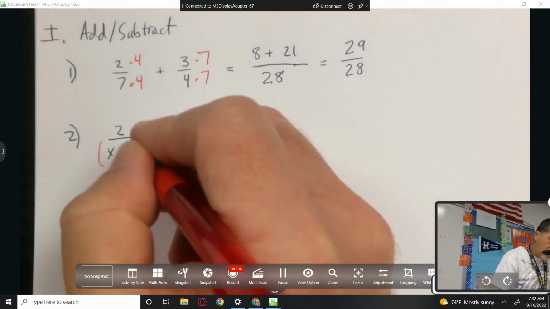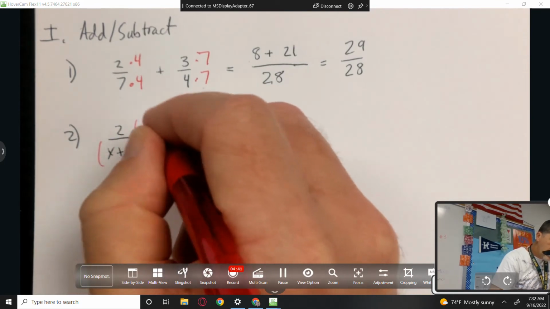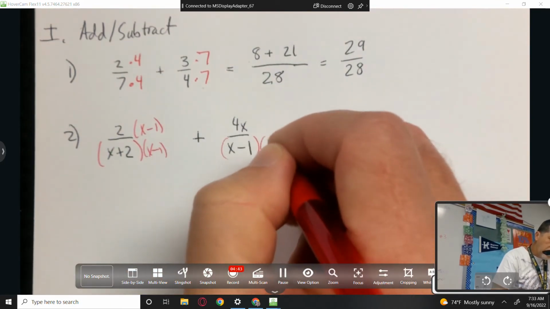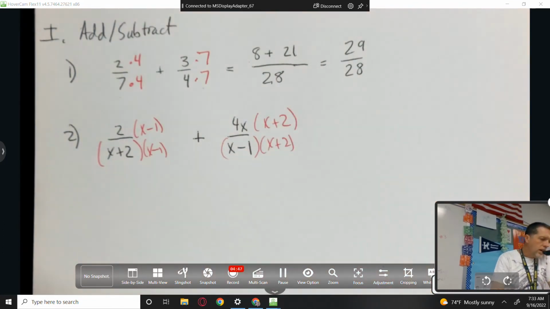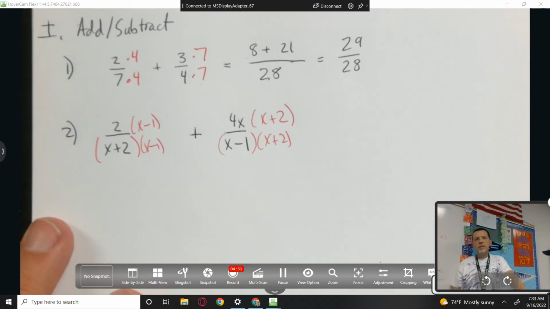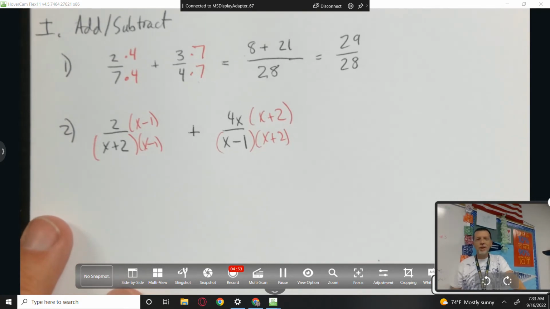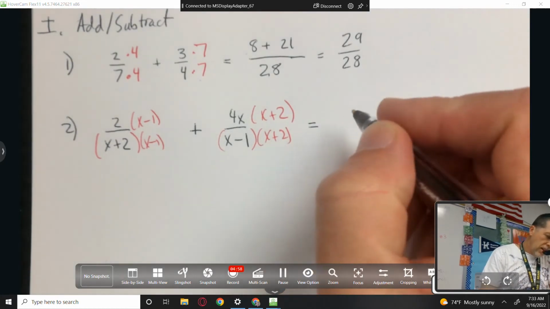And so the first term needs an x minus 1. Second term needs an x plus 2. That's the only way to get them to be matching, because the only thing you're allowed to do to make a match is multiply stuff.